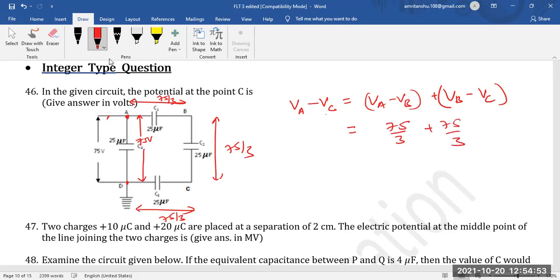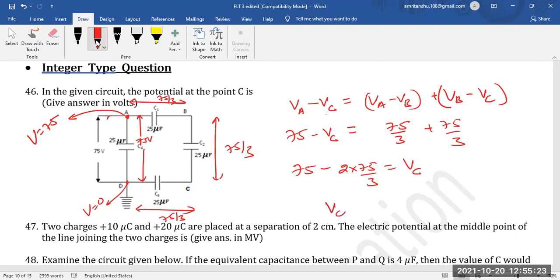You can see this point is earth. So this point will have a potential of 0 and this point will have a potential of 75. So VA is 75, and we just need to calculate VC. Now when you solve this whole thing, you get 75 minus 2 into 75 by 3 equals VC.